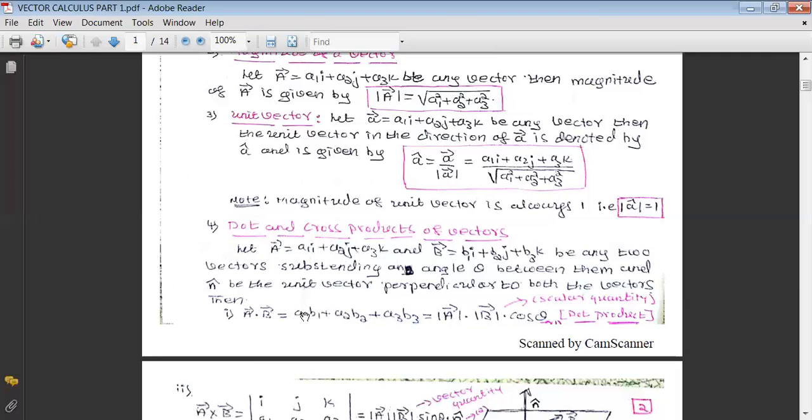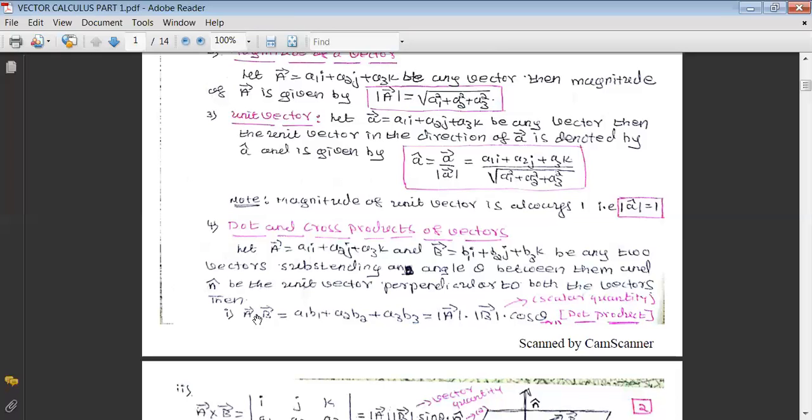It means it is the sum of the products of the respective components: first component of A into first component of B, plus second component of A into second component of B, plus third component of A into third component of B. It is also given by the magnitude of A bar into the magnitude of B bar into cos of the angle between the two vectors, that is cos theta. Let us call this equation 1.